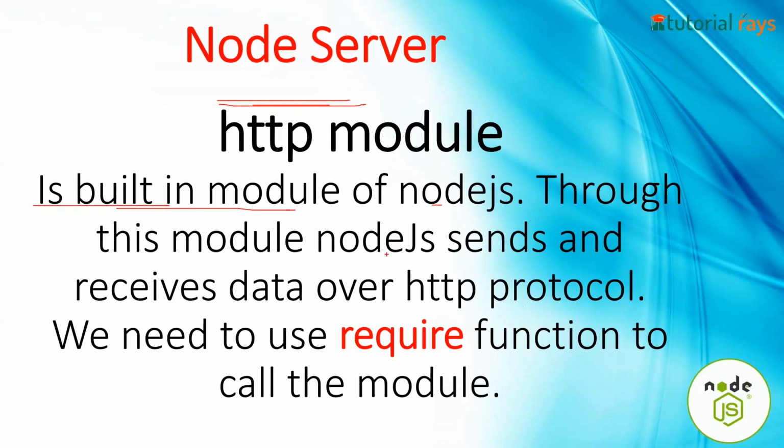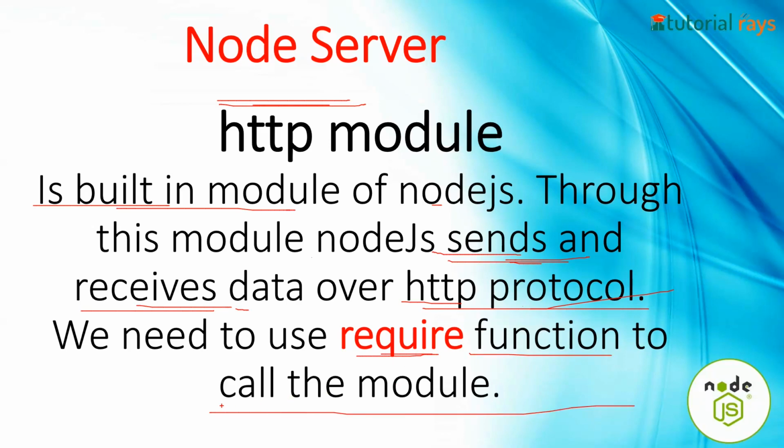Through this module, Node.js sends and receives data over the HTTP protocol. That means through HTTP, data is sent to and received from an API. Okay, we need to use the require function to call this module.